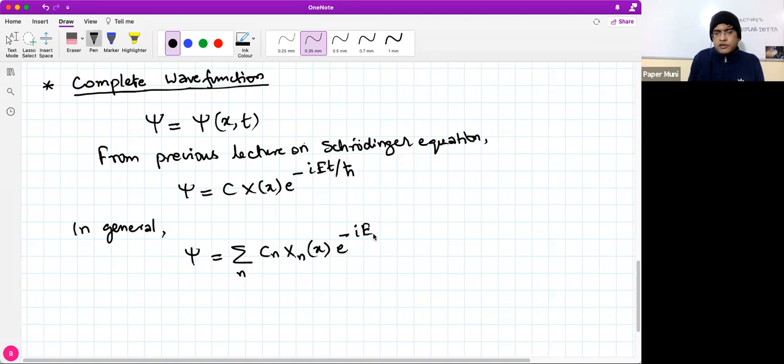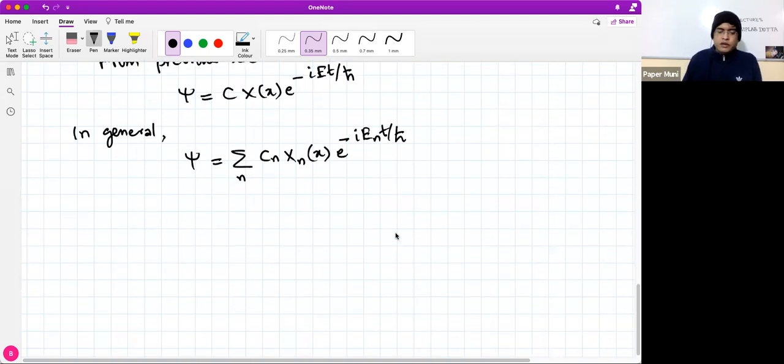This is directly from the previous lecture on the Schrodinger equation, so we have not added anything extra. But we were not discussing the time part so far. We were just concerned about the space part till now, but now we'll see how time affects the wave function.